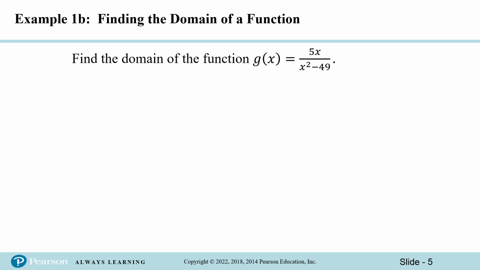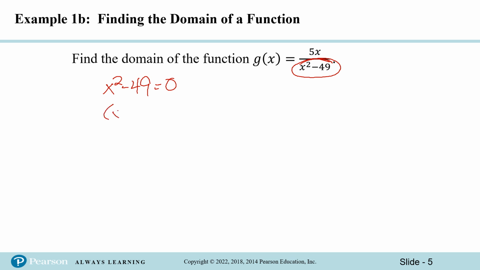All right, so find the domain of this function right here. G of x is equal to 5x over x squared minus 49. So the only time we have to be concerned with a fraction is when the denominator is 0. So what we're going to do is set the denominator equal to 0 and then solve it.